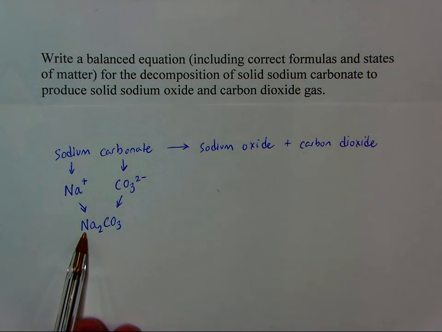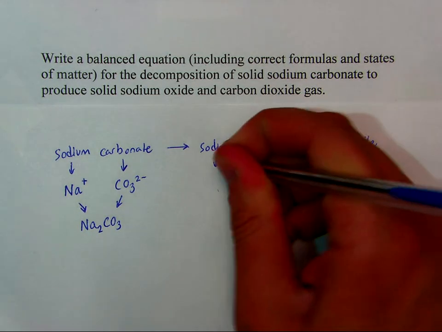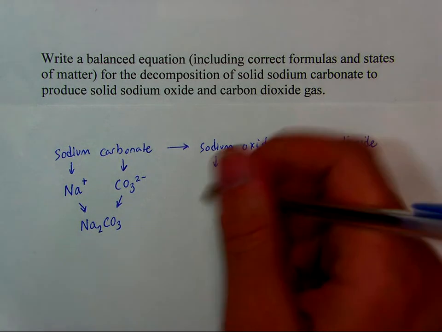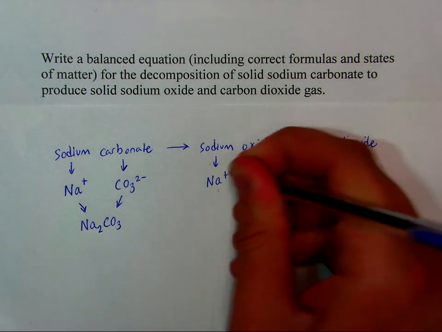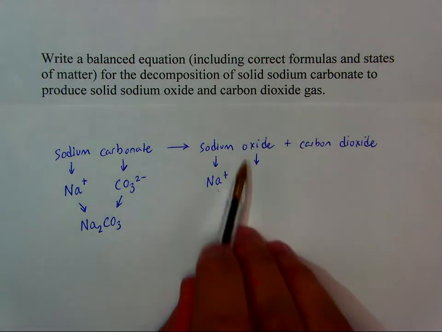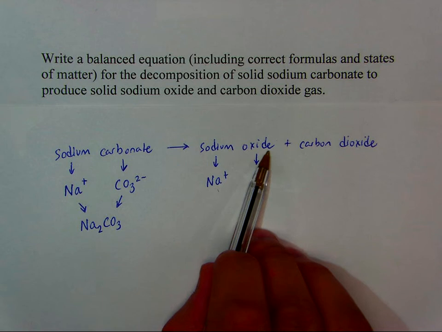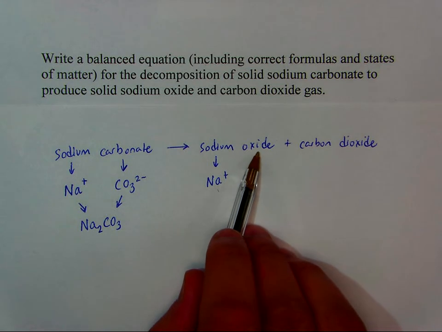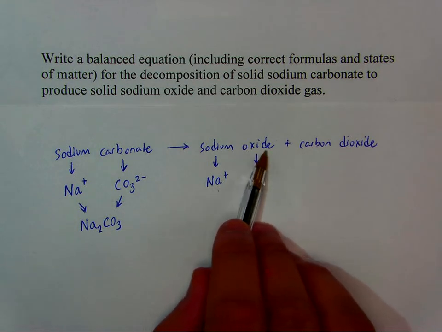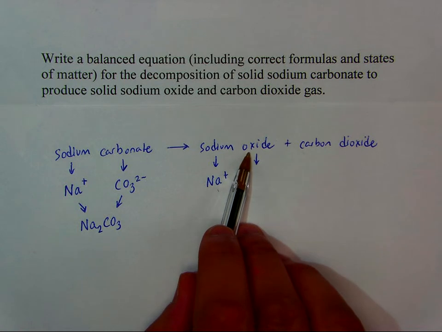That's sodium carbonate. We go through a similar process for sodium oxide. Sodium forms Na+ ions. We know that from the octet rule. Oxide is not polyatomic. It follows the rules of naming for single atom anions because it has an IDE ending. So we look at oxygen on the periodic table.